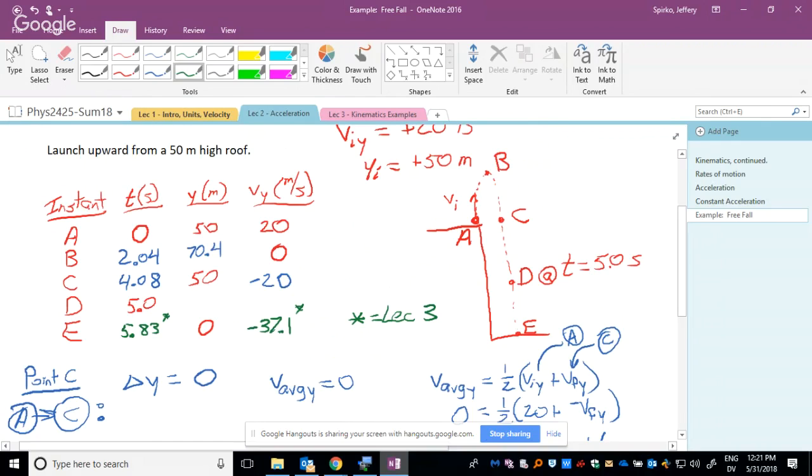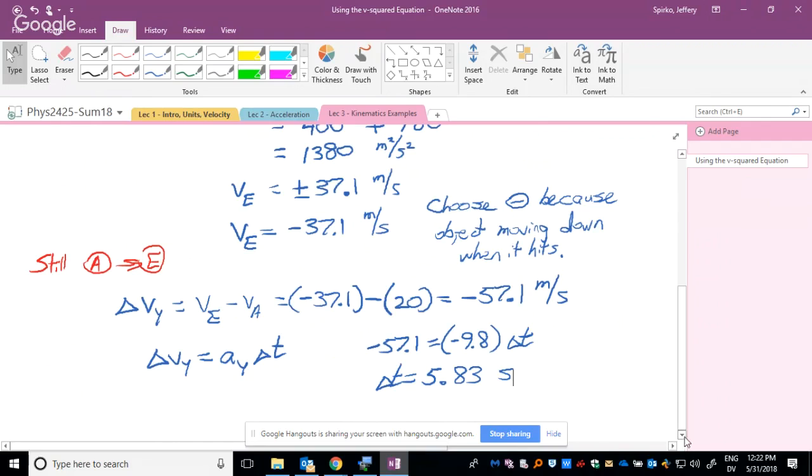And make note that those things were added to the OneNote table after lecture today in lecture 3. So we filled in almost our entire table of knowledge about this scenario. The only one we haven't dealt with is point D, which was a well-defined amount of time. So let's go ahead and do that real quick.